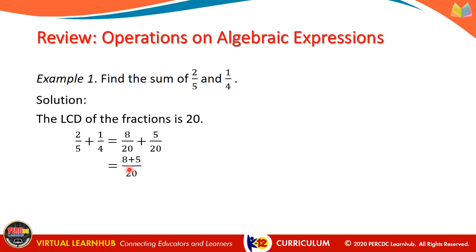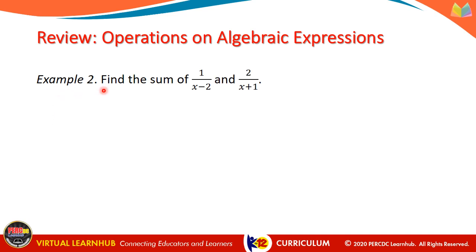Next, we just need to copy the common denominator 20 and add the numerators 8 plus 5. 8 plus 5 is equal to 13 and our denominator is 20. Our final answer is 13 over 20.